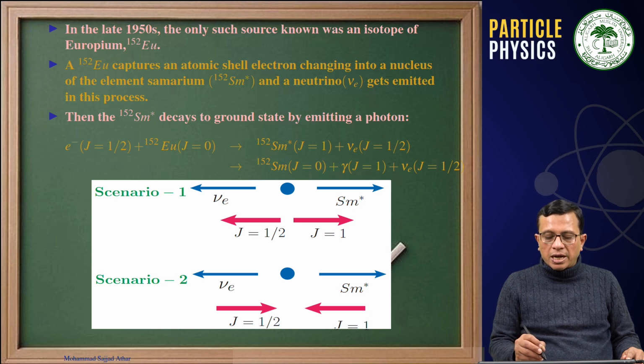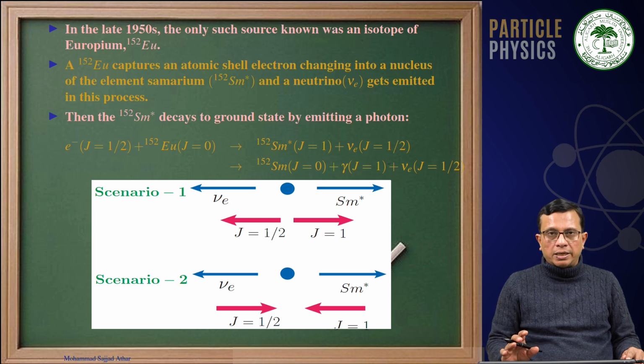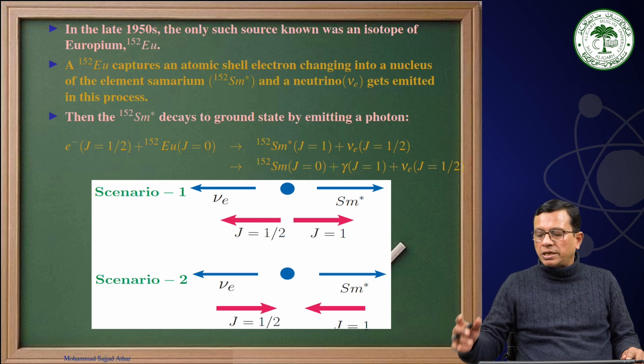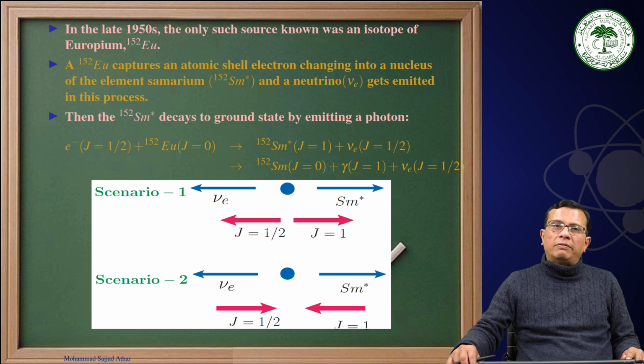Therefore, this is the scenario which I was discussing previously. You can say that the momentum and spin of the neutrino are in the same direction to have the total angular momentum half. Here this neutrino is becoming left-handed while this neutrino is right-handed. If an equal number of photons are observed in the left-handed and the right-handed polarization states, then we will say that we have left-handed as well as right-handed neutrinos.